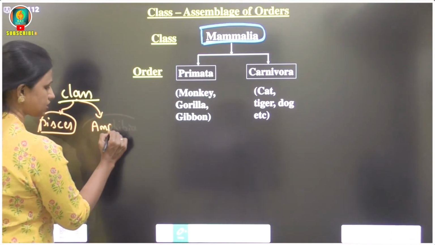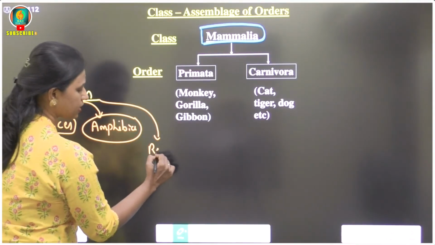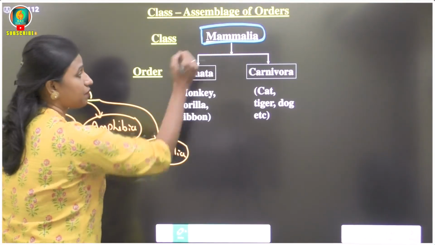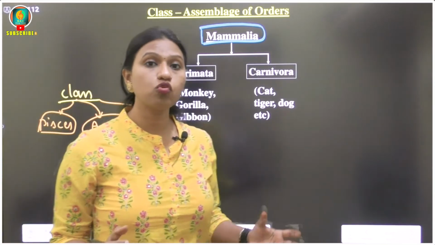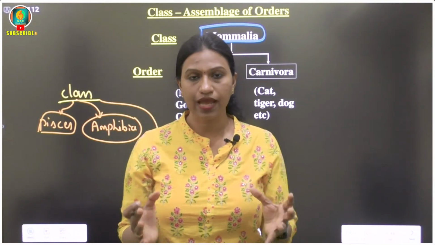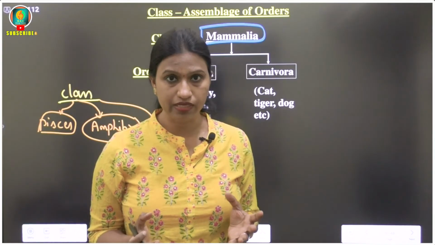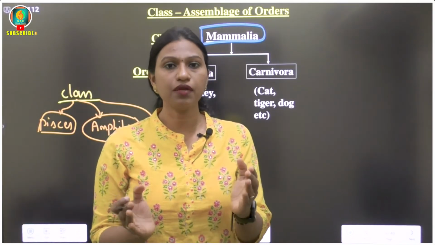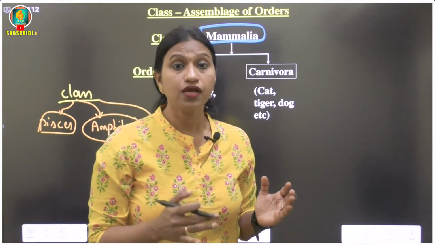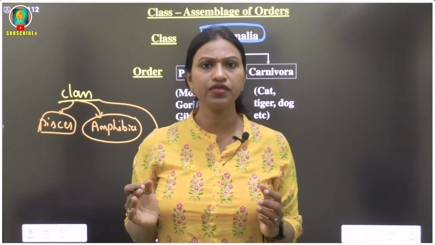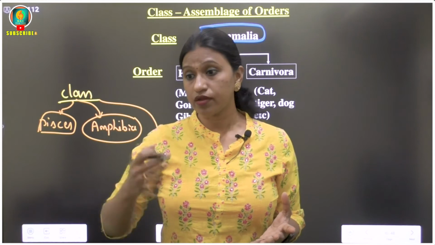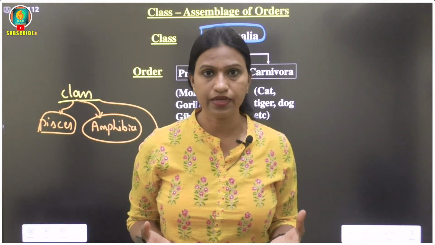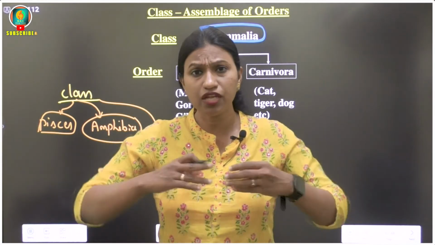Amphibia is also a class. Reptilia is also a class. Like that, even Mammalia is also a class. Those animals which have mammary glands to feed their young ones, the female organisms, are nothing but they come under the group of Mammalia. So whatever their mode of reproduction or their body nature or their eating habit, living things, everything may look different.